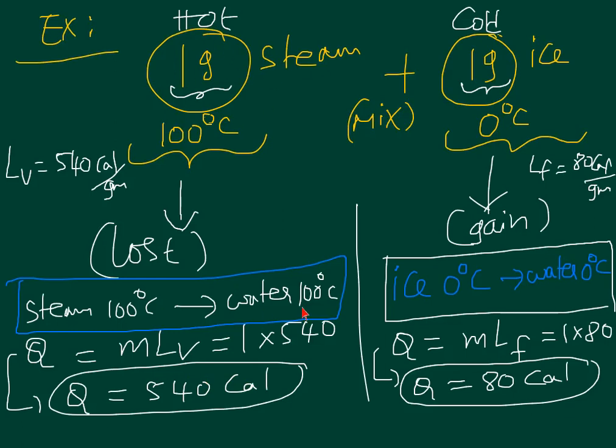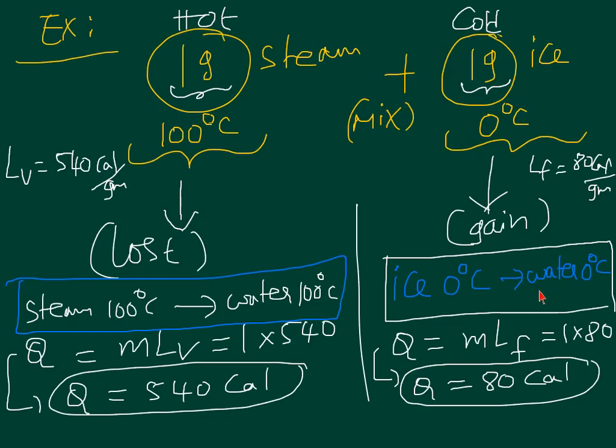Now observe how much heat is lost in just one process of converting steam to water at 100: 540 calories. Ice, initially at 0 degrees centigrade, if provided with 80 calories, converts to water at 0 degrees centigrade.